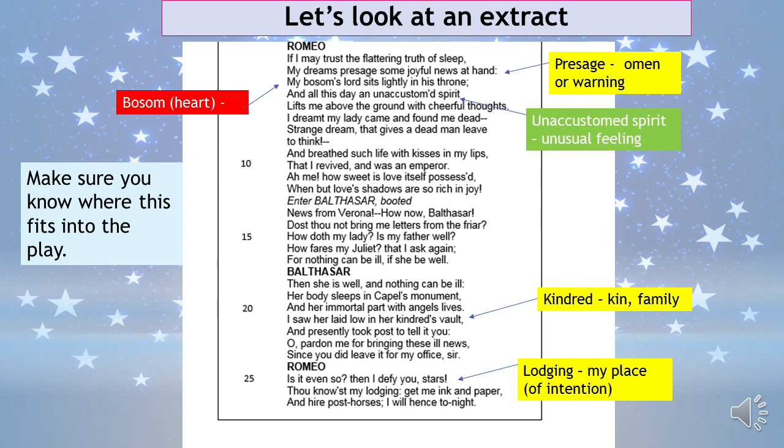I saw her laid low in her kindred's vault, and presently took post to tell it to you. Oh, pardon me for bringing these ill news, since you did leave it for my office, sir. And Romeo, is it even so? Then I defy you, stars. Thou knowest my lodging. Get me ink and paper, and hire post horses.